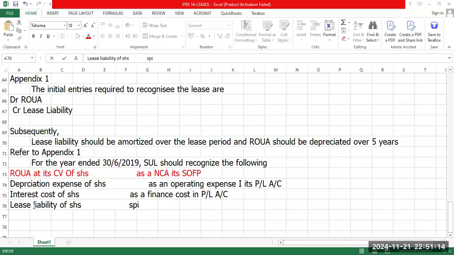Okay, where are we? This is the liability you are talking about here. Know that it should be split into 2. This is the lease liability, and it should be split into a current liability and a non-current liability.